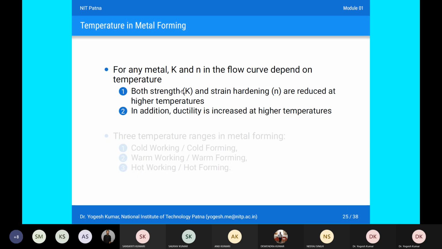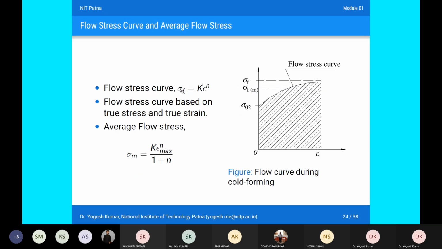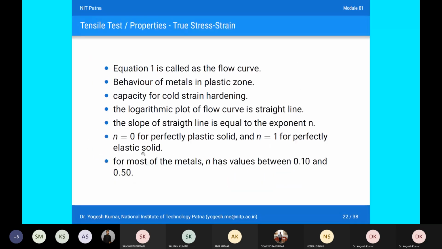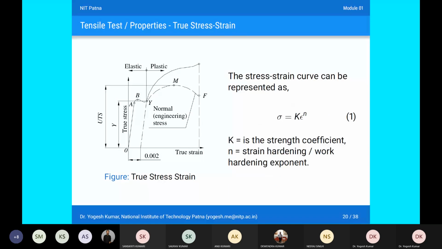Okay, so in this equation you can see your flow curve is sigma equal to k into epsilon raised to the power n. So K is your strength coefficient, which depends upon your material. n is your strain hardening exponent or work hardening exponent, and sigma is your flow stress.